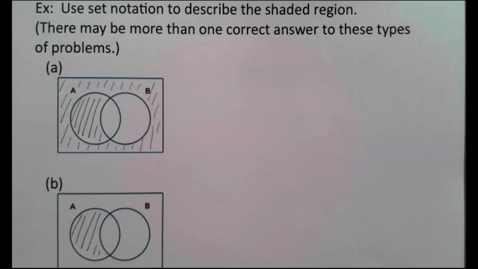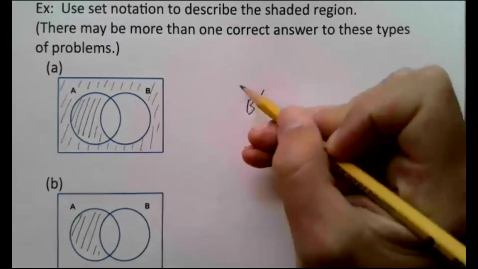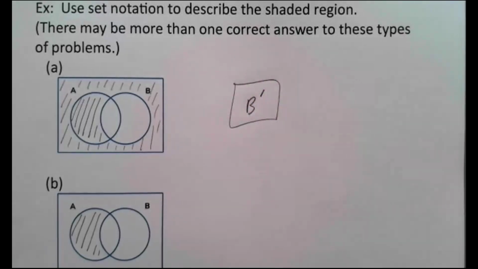The B circle is clear, but everything else is shaded. Well, we've called that the complement of B. That's my answer. It's a good answer. Maybe we could describe that in a different way, but I think it'd be pretty confusing and there's no reason to. B complement is what we see shaded there. The opposite of B is what we see shaded there.